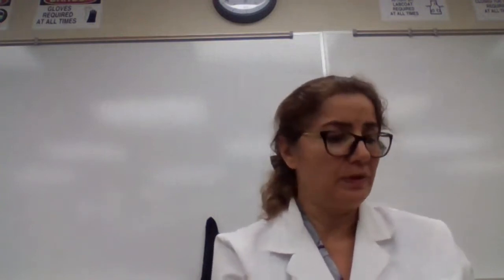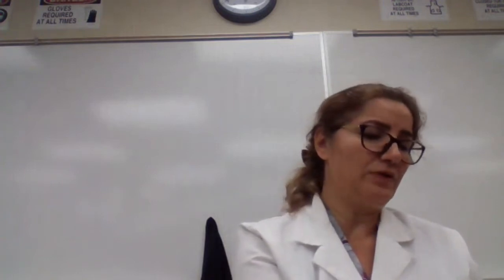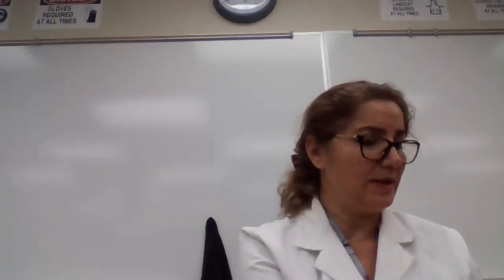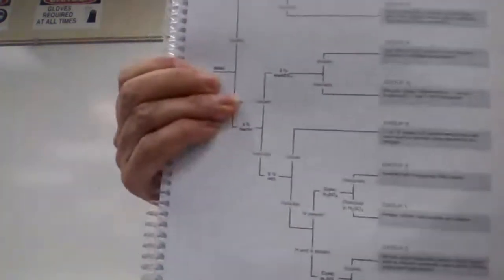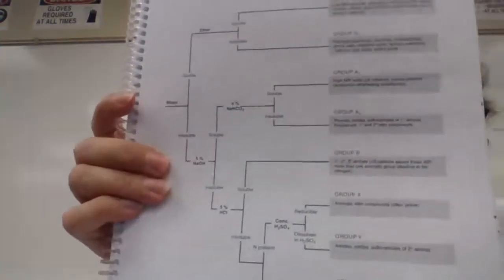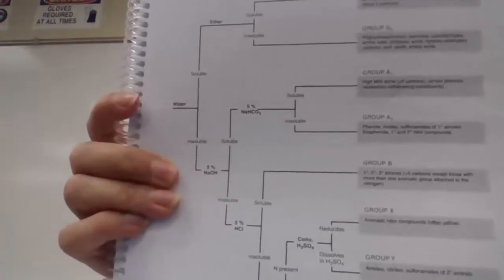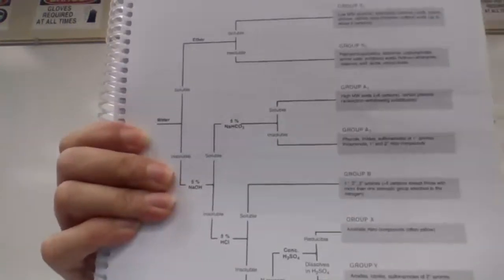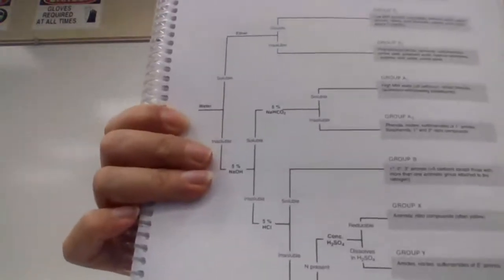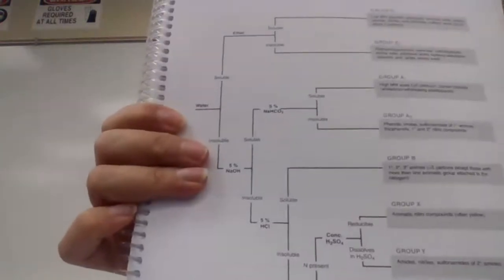Because when you do the solubility test, and when we looked at the solubility chart, which is on page 183, again, correction, 181 for the ebook, when you use the chart, if the compound is not dissolved in sodium hydroxide, is not dissolved in HCl, but dissolves in sulfuric acid, then you get a group of compounds. You are not getting a group of different families, and not one specific functional group.